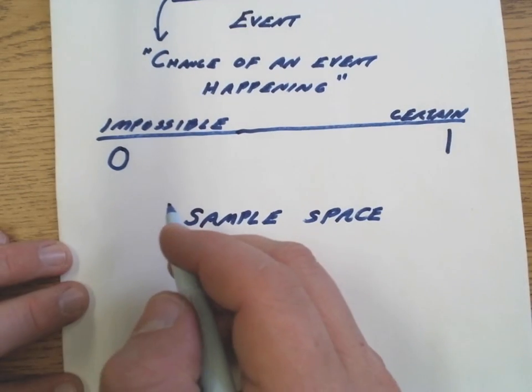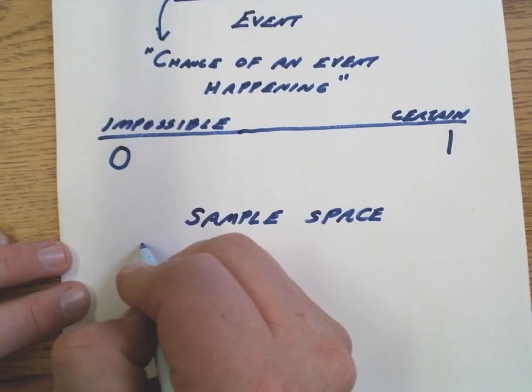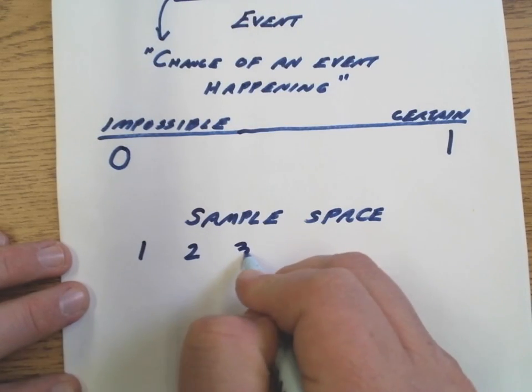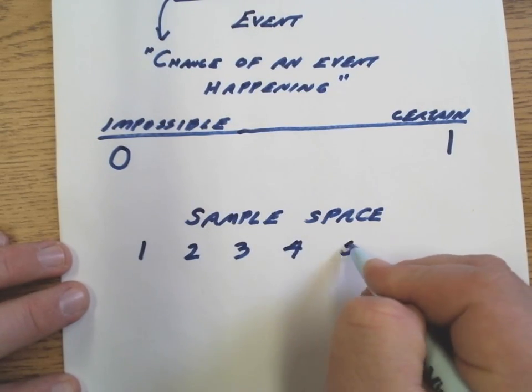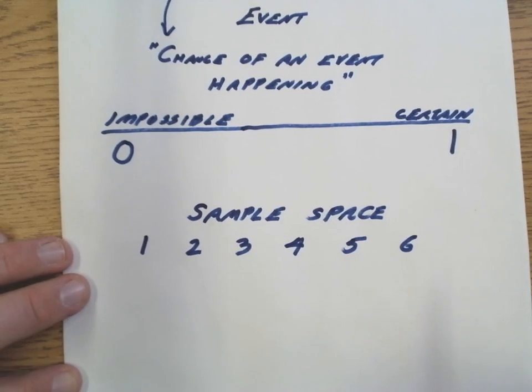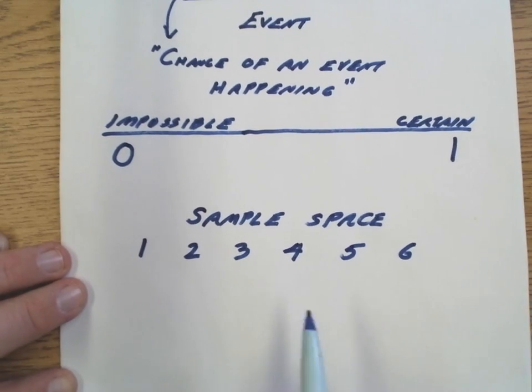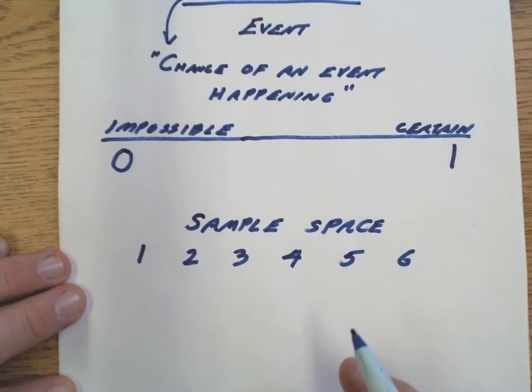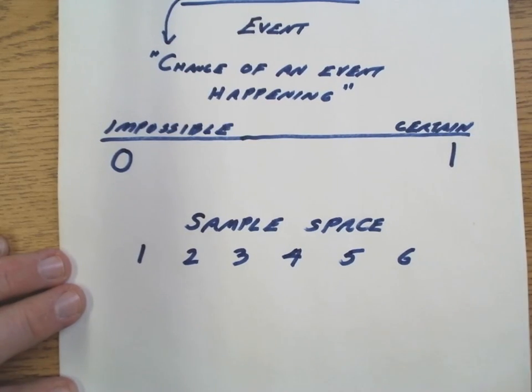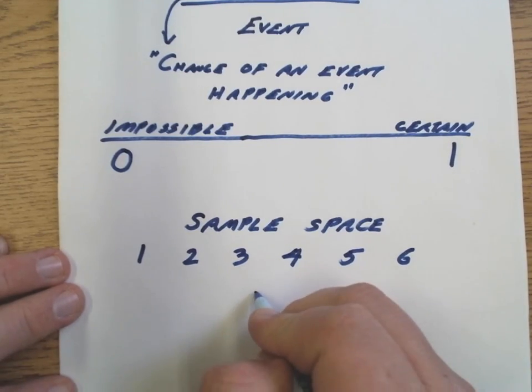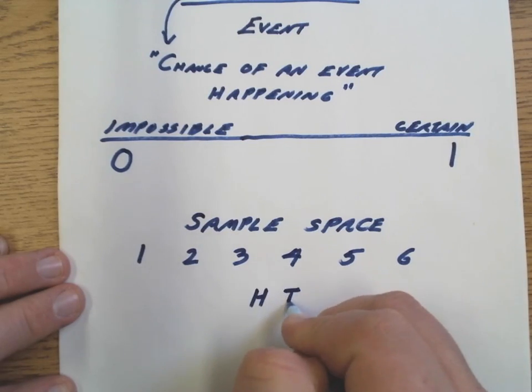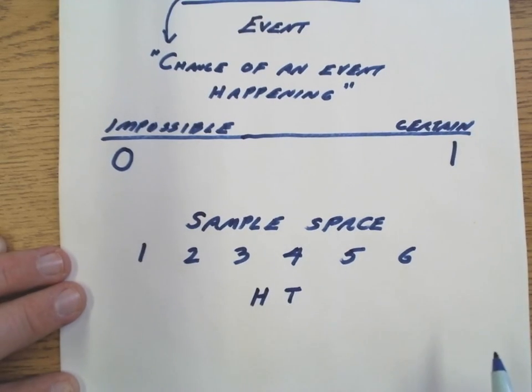Well, our choices for rolling a die are 1, 2, 3, 4, 5, and 6. There are 6 events that could happen when we roll a die. Now, if we flip a coin, that coin can be heads or tails. So there's 2 events there.